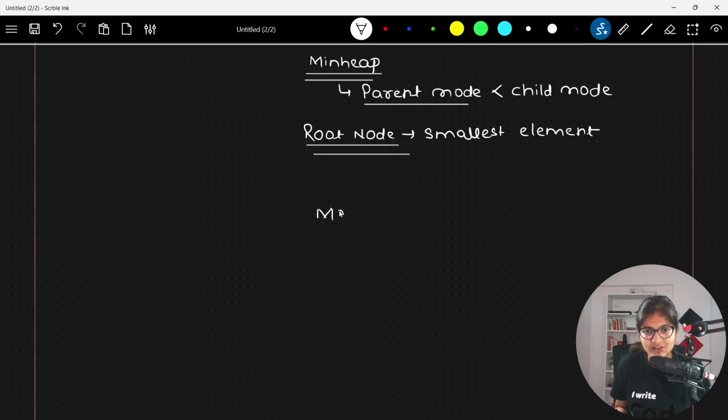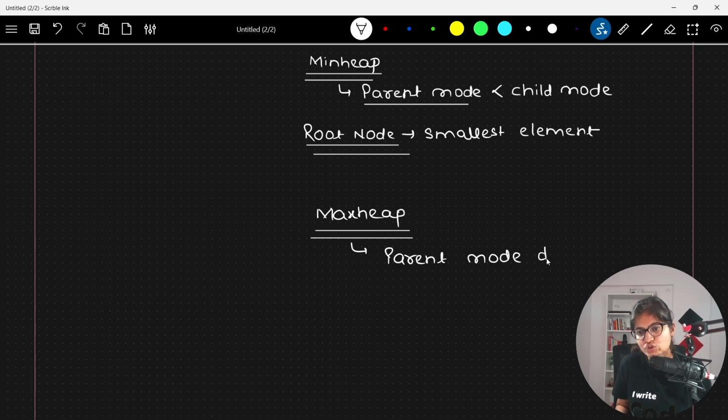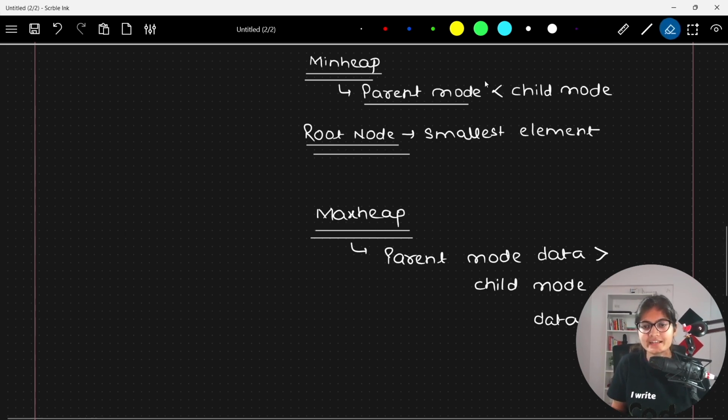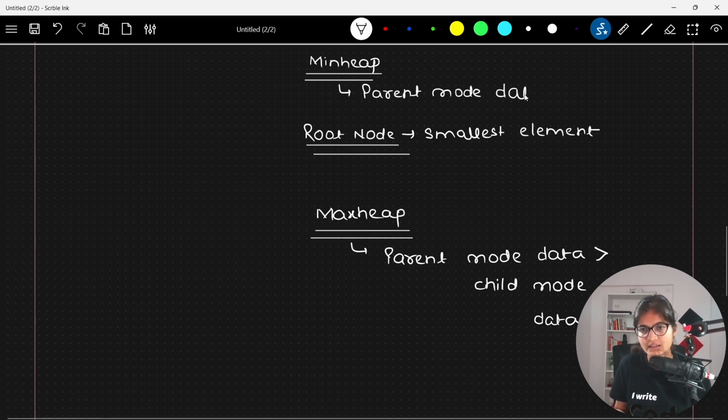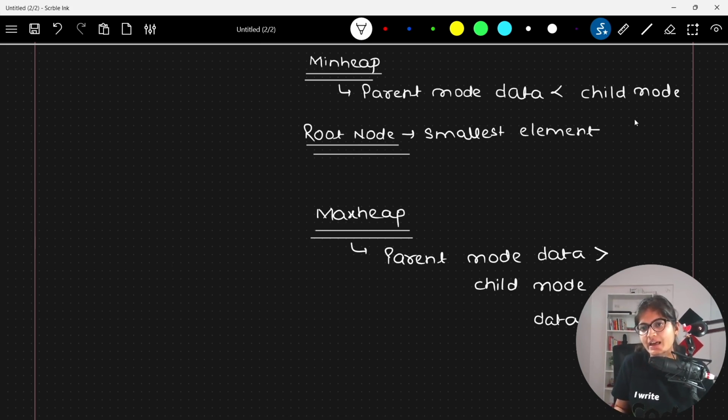Now, Maxheap is just the opposite. As the name suggests, the parent node data should always be greater than the child node data. That is the simple definition of a Maxheap. So in a Minheap the parent data is less than the child node data, and in a Maxheap it is greater.